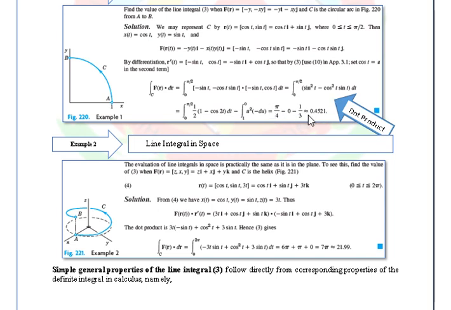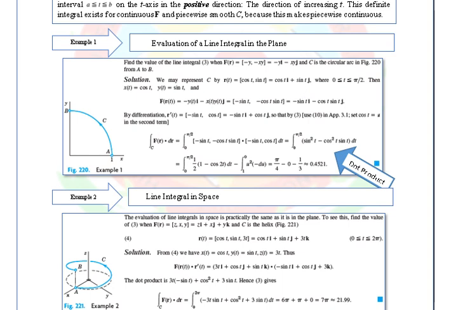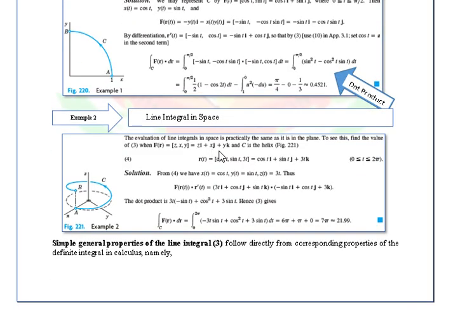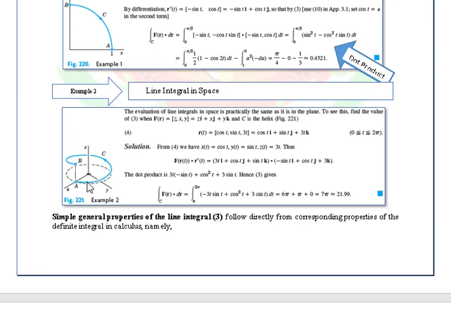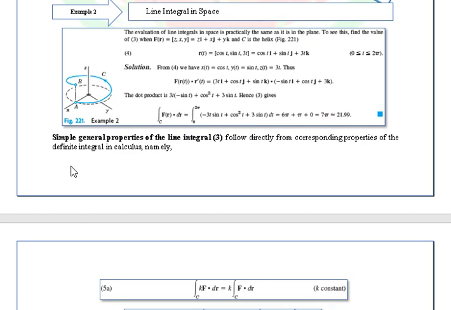Okay, so this is now the line integral of a certain function we are having. We have also an example here, so please refer to it. In here, our path is a helical arc. So we are using that function to take the dot product of a function.